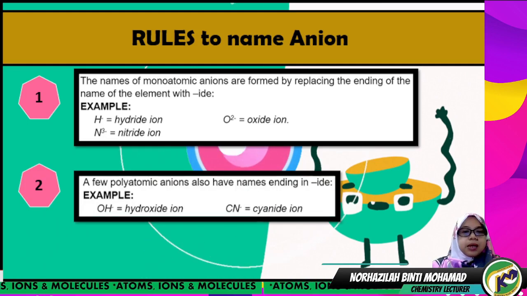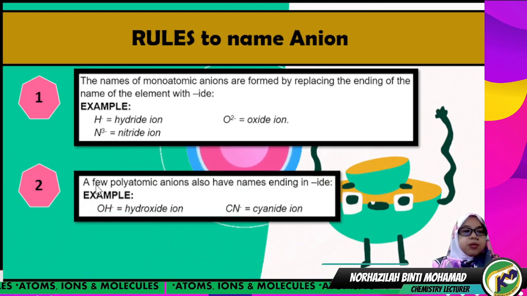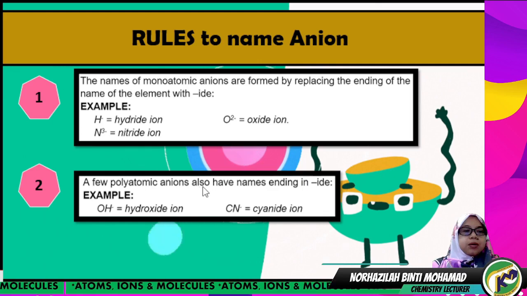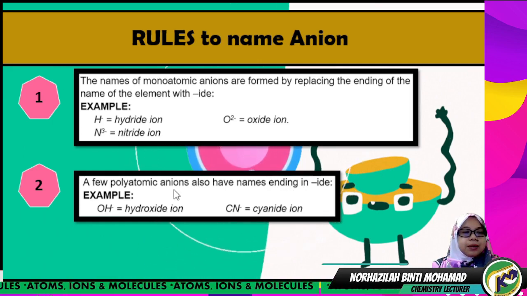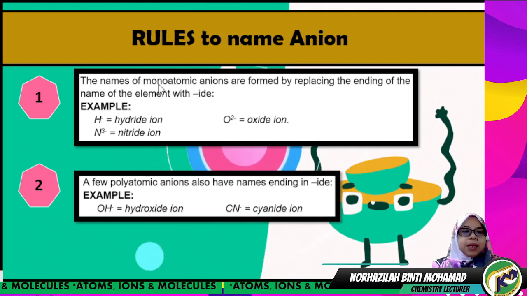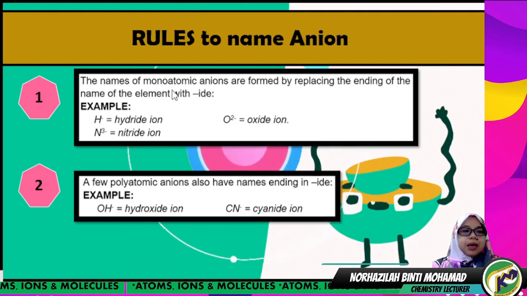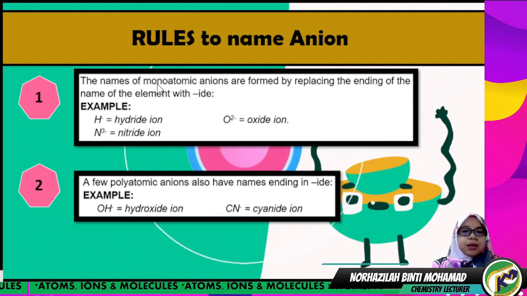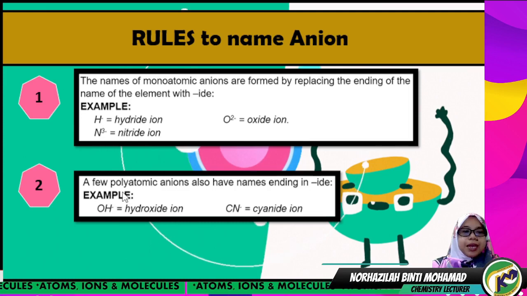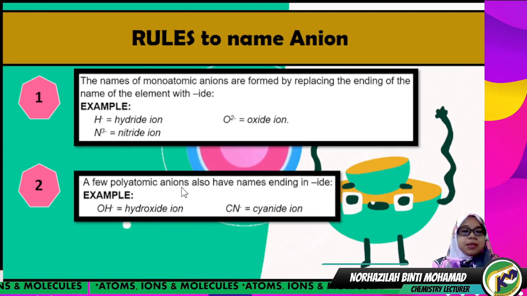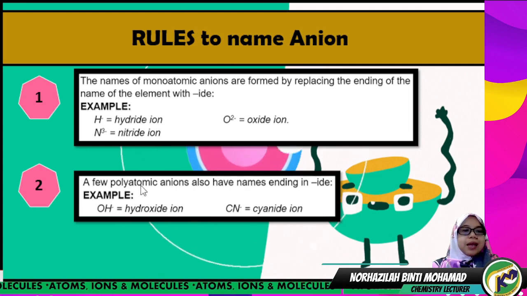For the second rule, a few polyatomic anions also have names ending in -ide. Just now I explained the monoatomic anion. Mono means one; the anion consists of one single atom. Polyatomic anions mean the anion consists of more than one atom.